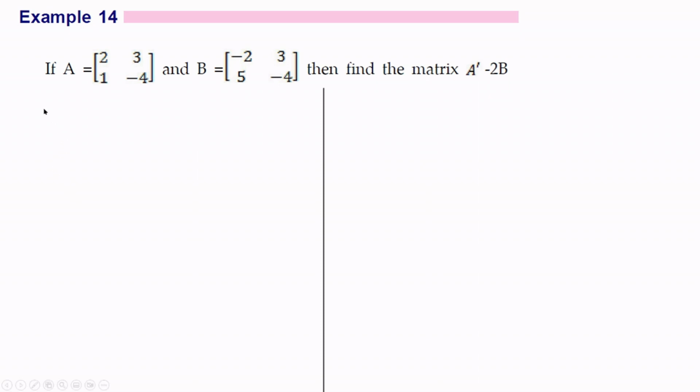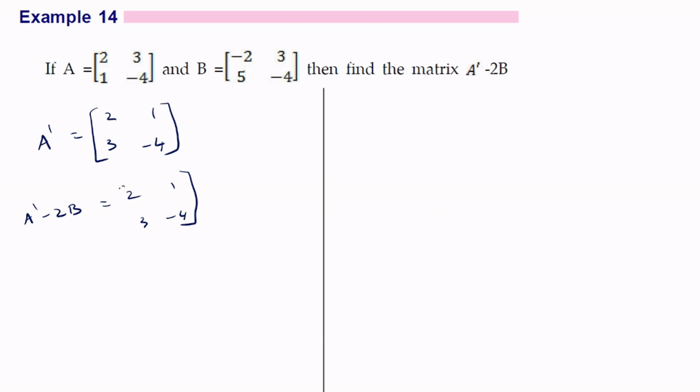Next we have the next example. If A equals this matrix and B equals this matrix, we have to find the matrix A transpose minus 2B. So here A transpose is obtained by interchanging the rows and columns of A. So the first row becomes the first column and the second row becomes the second column. So A transpose minus 2B will be 2, 1, 3, minus 4, minus 2 into B, minus 2, 3, 5, minus 4.